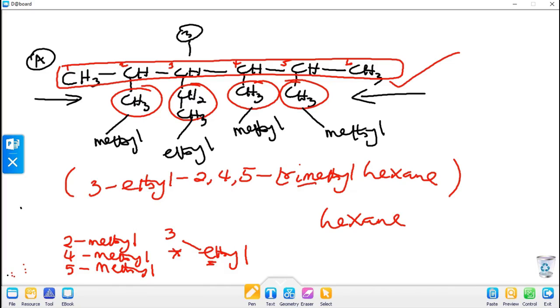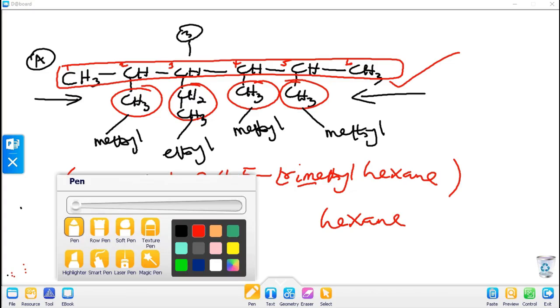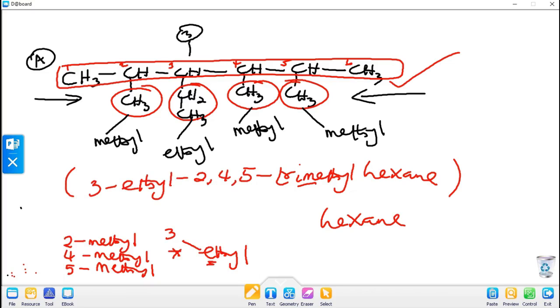So alphabetically we ought to begin with the ethyl. So that makes our compound 3-ethyl. That is to say, ethyl is at position 3, attached to carbon 3 of that chain.